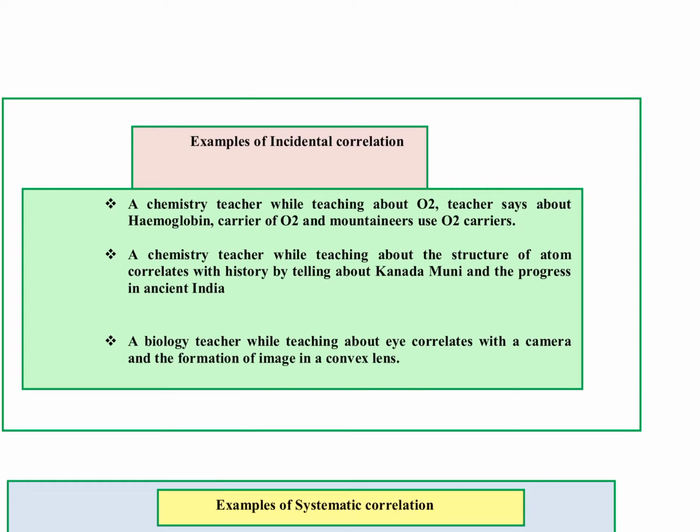Oxygen is carried by a particular protein which is present in the human blood, that is hemoglobin. And the people who climb mountains carry the separate oxygen cylinder. What may be the reason? There again, knowledge of physics. So it can be correlated. Chemistry is related to biology and physics.